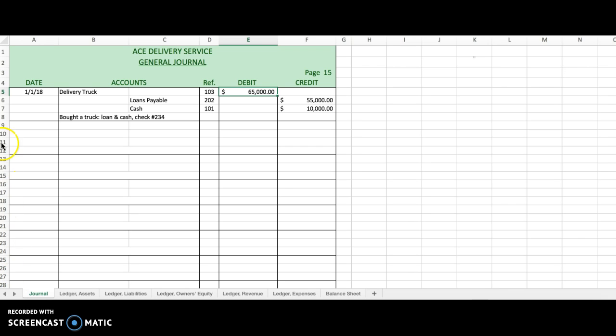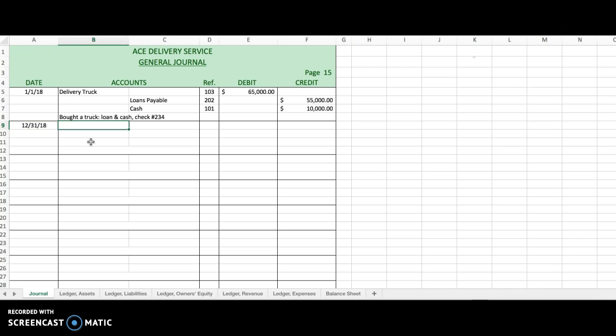Let's assume that today is December 31st, 2018. So at the end of this accounting cycle for this business, we need an entry to account for that depreciation.